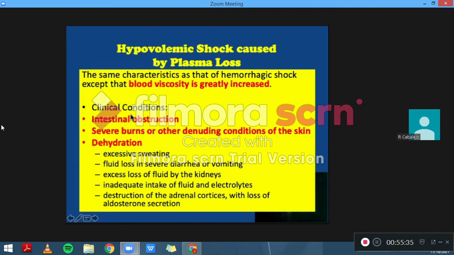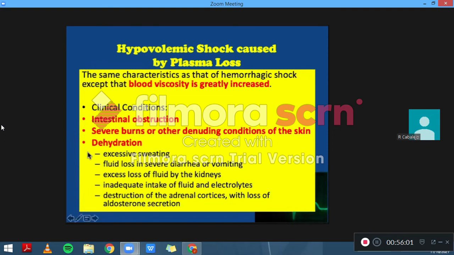As you may read later on, your intestines actually produce large amounts of fluid per day. So if you have obstructions there, there is no way for reabsorption of fluid, and you would be losing too much fluid or plasma volume. Also in patients with severe burns or other denuding conditions of the skin.